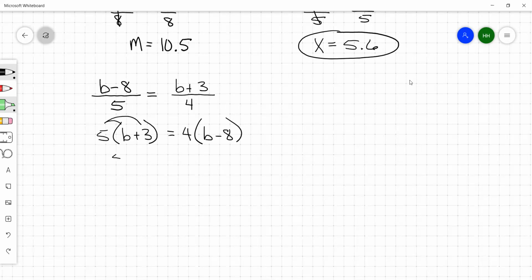5 times b is 5b, plus your 5 times 3, which is 15, equals 4 times b, which is 4b, and 4 times negative 8 is negative 32. So you can subtract 4b from each side.